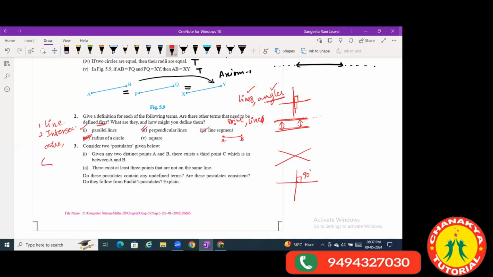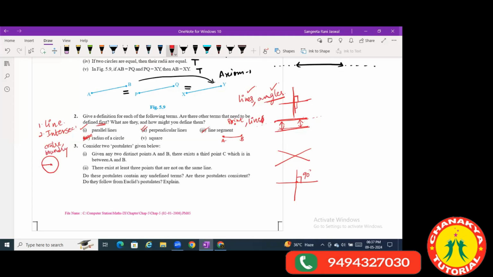Now, when we are constructing a circle, keeping one fixed radius, that means we should know about the boundary of this. We can talk about center, radius, of course, we have talked about. That's a line segment. So you can write down boundary.